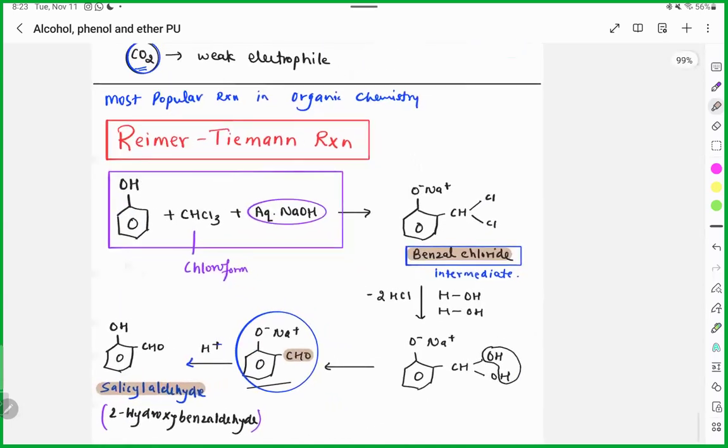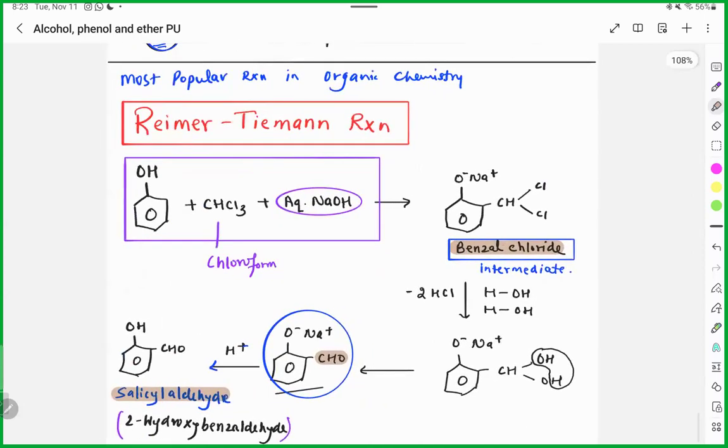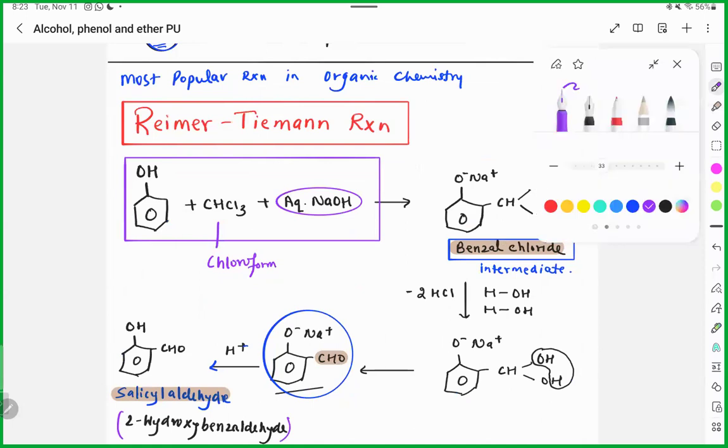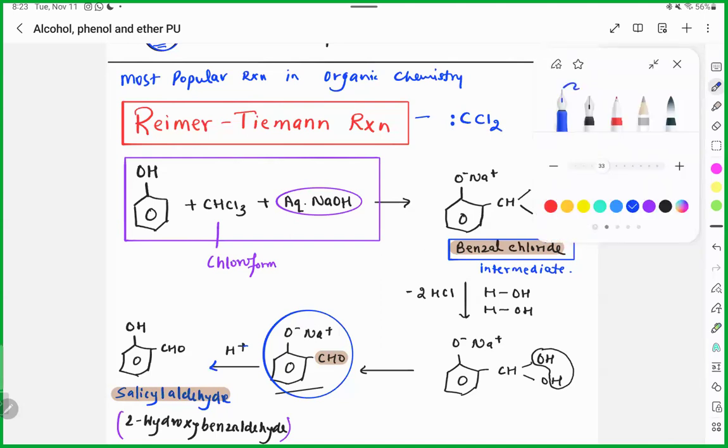Our teacher also told one popular thing. When you take chloroform and NaOH, you know what is formed out of these two? CCl2, dichlorocarbene.